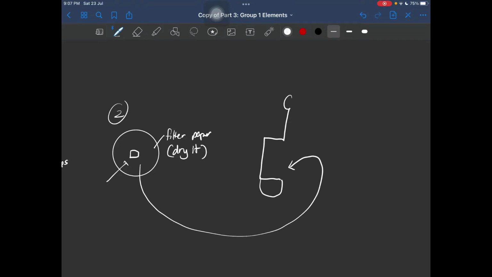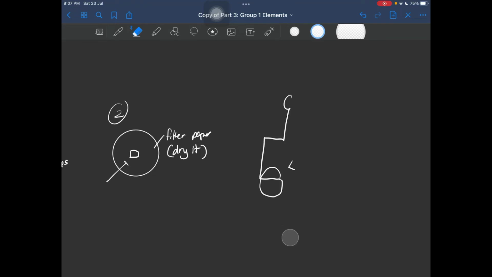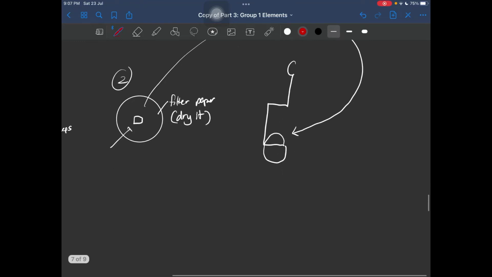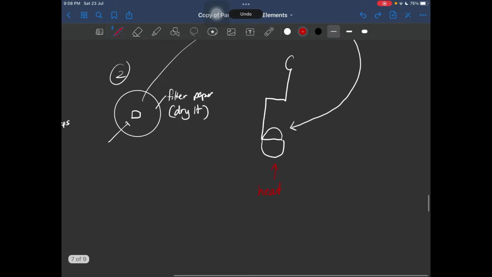Put the piece of alkali metal in the combustion spoon. And then you would heat the combustion spoon along with the alkali metal until the alkali metal starts to burn.